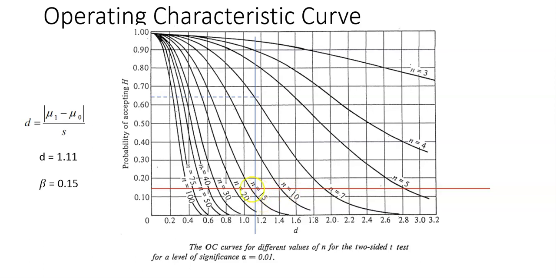So this time I added 7 more samples and measured the mean and standard deviation, and again I calculated d and I got this number. If I find this number in this curve, it would be somewhere here, and it would intersect the probability of 0.15 at this point, which would be located between 4 and 5 sample size. So 15 sample size is definitely enough to accept this sample.